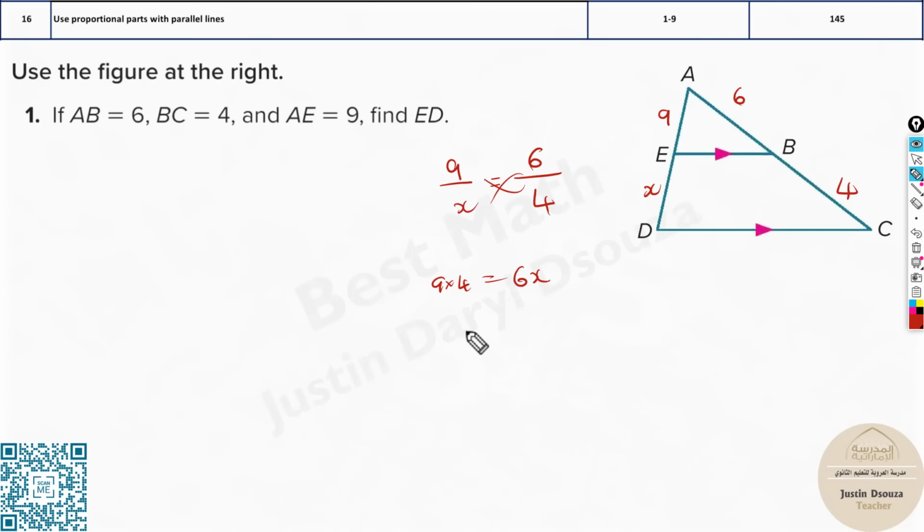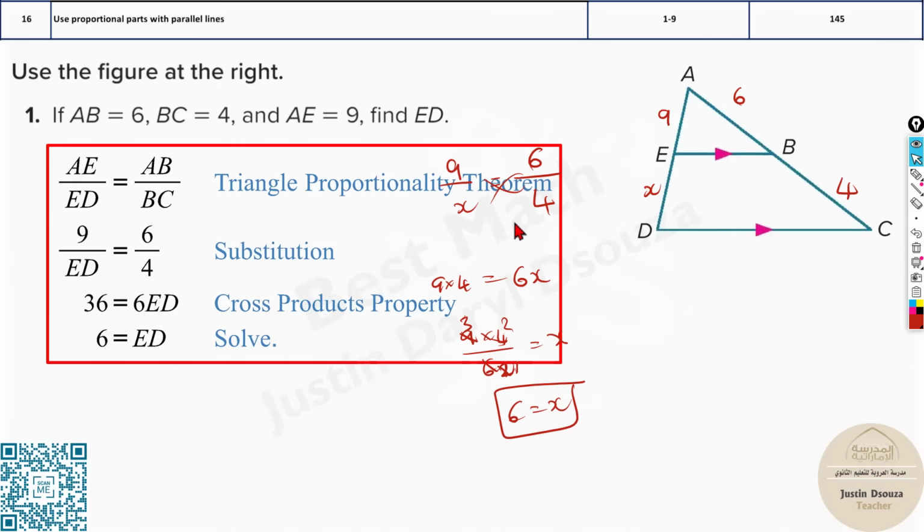Or you can take the 6 to the other side: 9 times 4 divided by 6 is equal to x. That is 6, so x is 6. That is the answer. This is all electronic part, so you can easily use your calculator and get the answers.